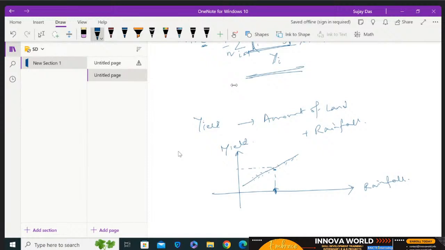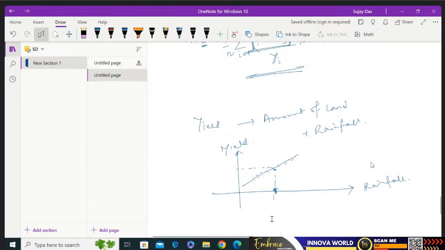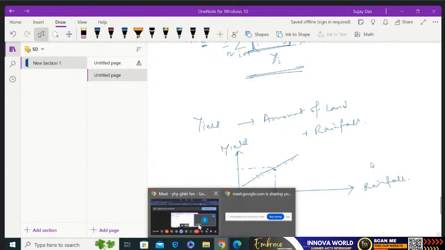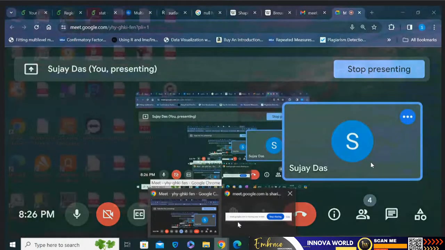We have not modified our storage space. Then some of the yield can get wasted. So to predict this kind of thing, we can use linear regression. There are several other usages as well.